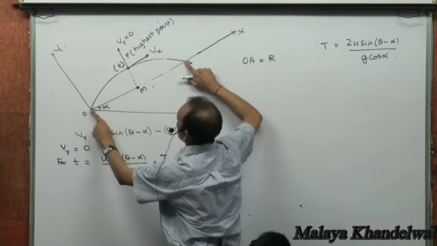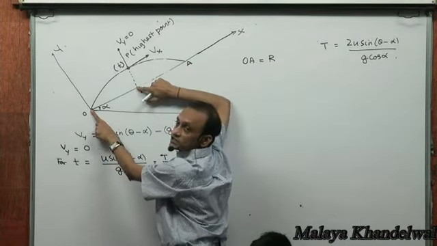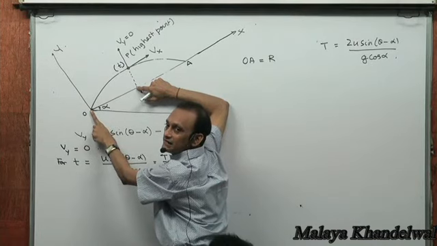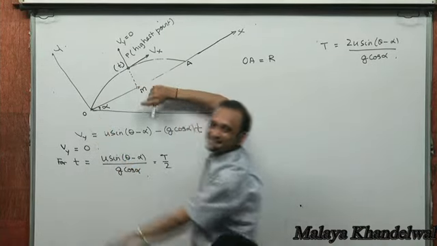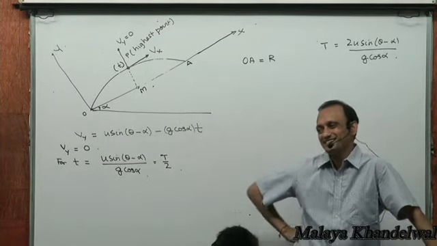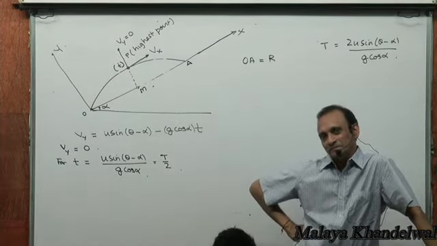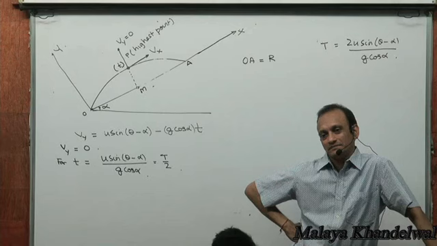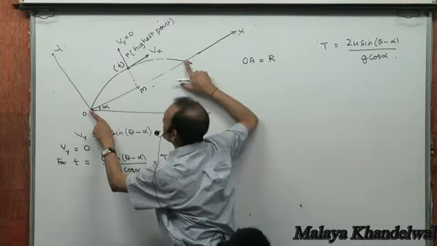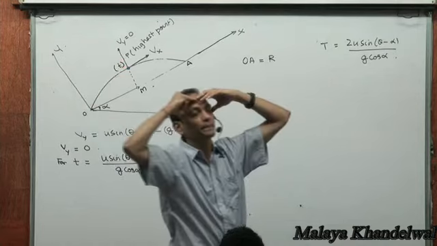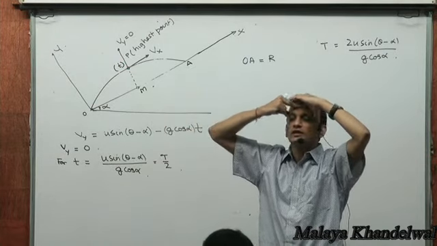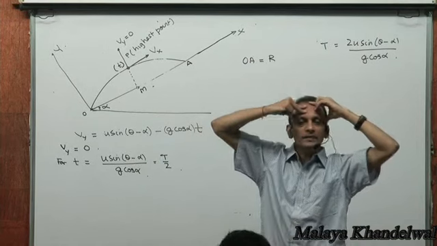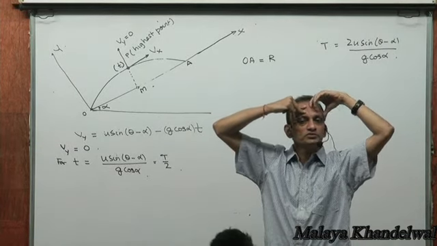Now if OA is R, what can you say about OM? Equal to R by 2, less than R by 2, greater than R by 2, or the last option, God knows.